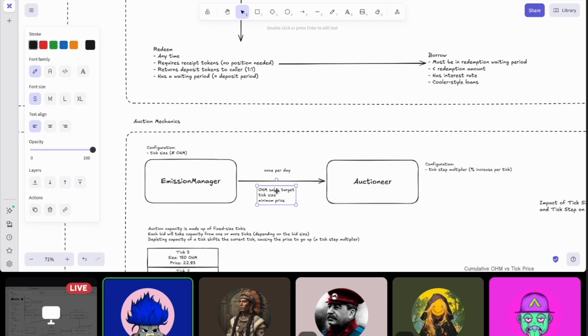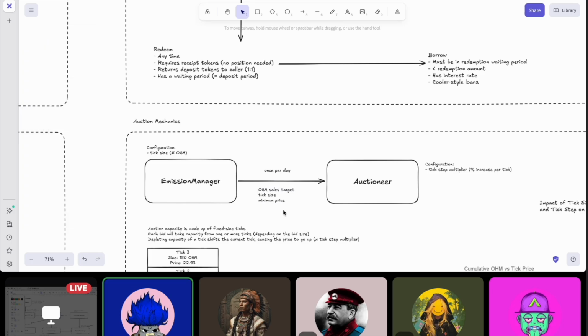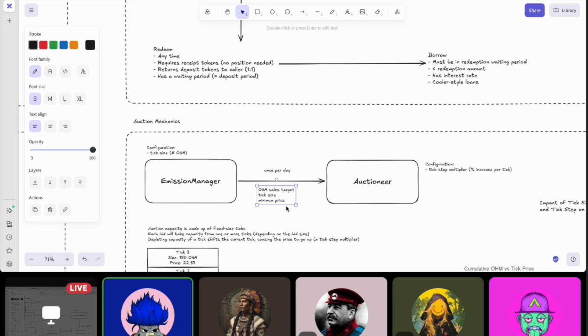But we also have an OHM sales target. That works as before. It's based on the market price compared to backing, or the liquid backing of backed OHM. And then there is a minimum price. And the minimum price, at least with the current configuration, will be the market price. And what that means is that the price of OHM sold through the auction will never drop below that.